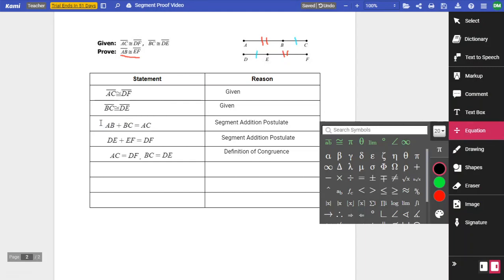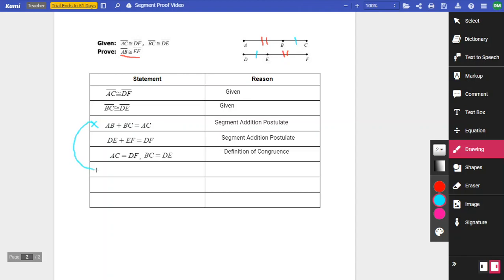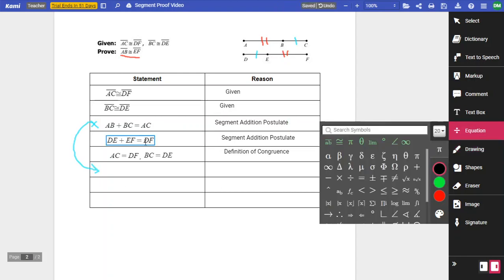So the first thing I think I want to do is go right here, and I'm going to make a substitution where I'm going to put in DF in for AC, which I'm allowed to do because I just said that AC is equal to DF.